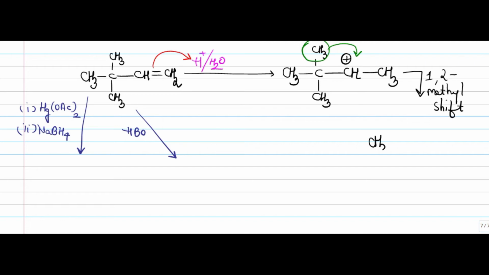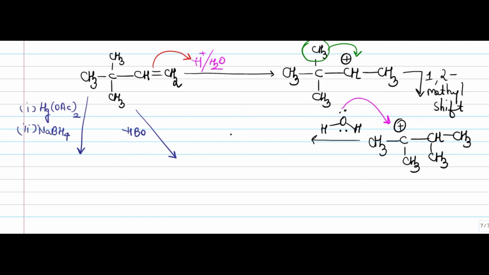We get CH3, C, CH3 plus CH, CH3 and CH3. So this is rearrangement done. After that, there is this addition of water, which is like this, and you have CH3, C, CH3, OH, H plus CH, CH3 and CH3.